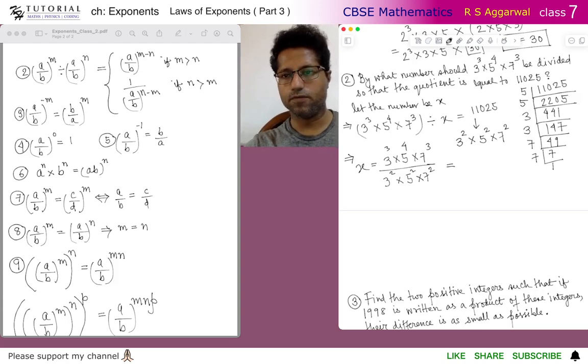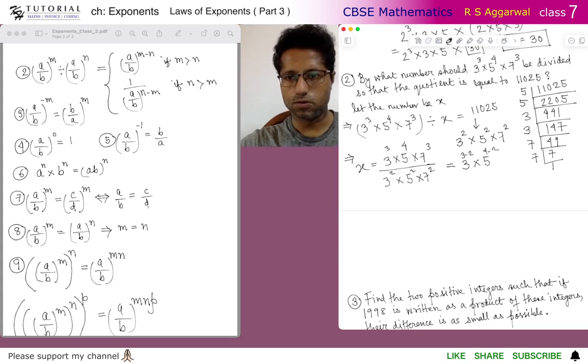We merge the exponents with the same base. We have 3 cube divided by 3 square, which is nothing but 3 to the power 3 minus 2. So this becomes 3 to the power 3 minus 2 multiplied by 5 to the power 4, and in the denominator we have 5 square, so this will be 5 to the power 4 minus 2, and also for 7 we have 7 to the power 3 minus 2.